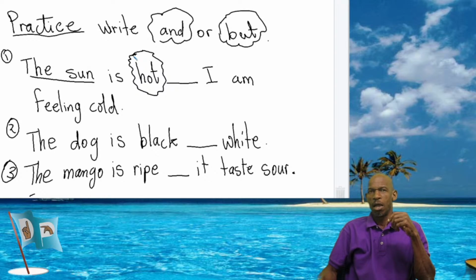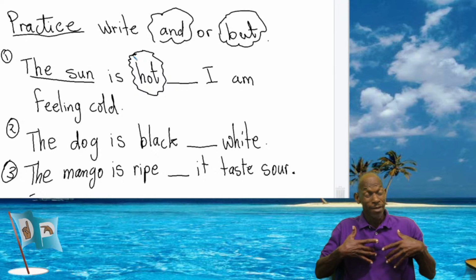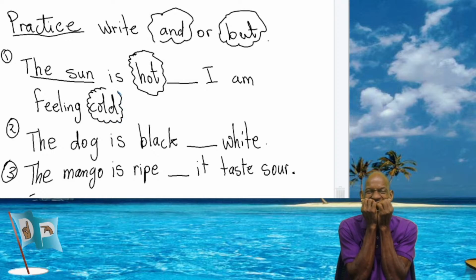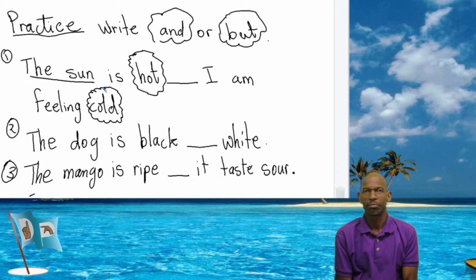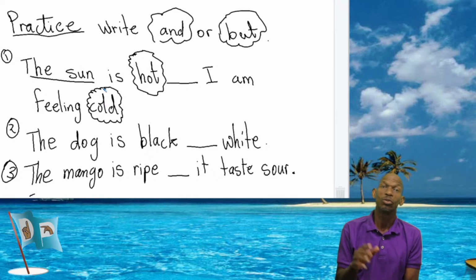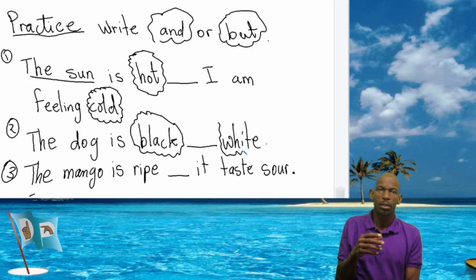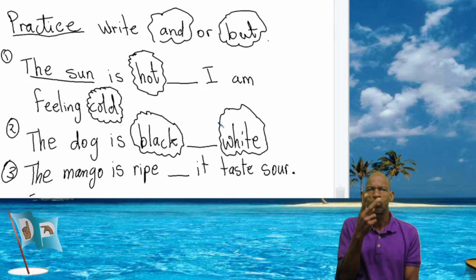And we're looking at I am feeling cold. Next one, number 2. The dog, the ideas we're looking at: black, and we're looking at white.